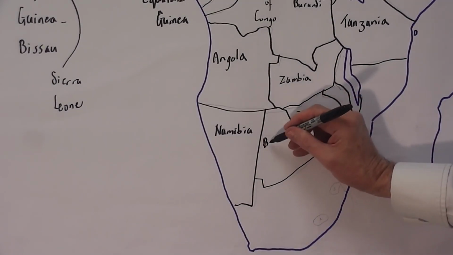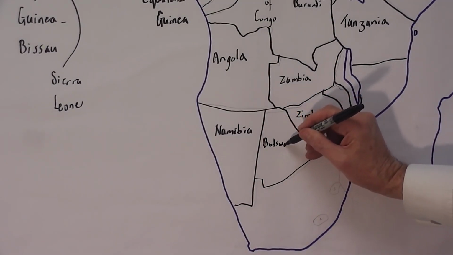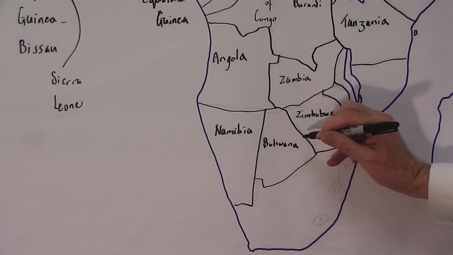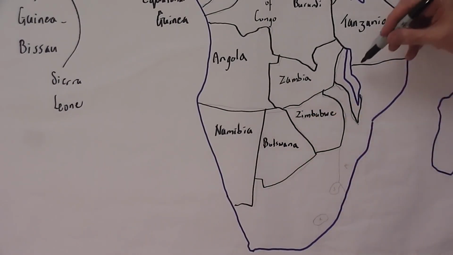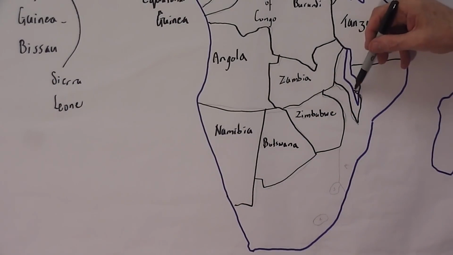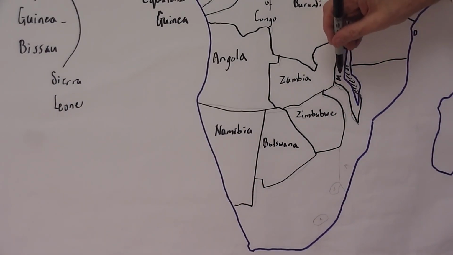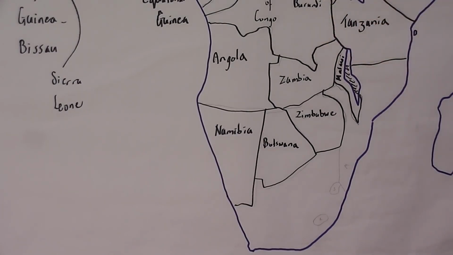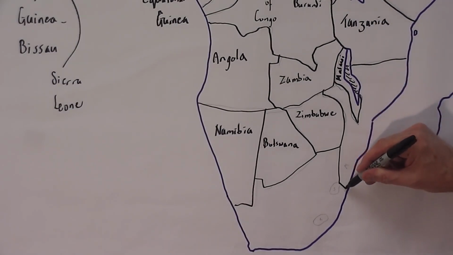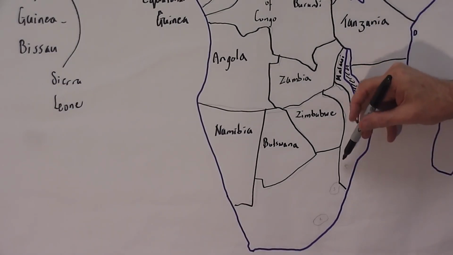And then Botswana. And then here, all the way along this lake, which is called Lake Malawi, is Malawi. There is Malawi, all the way along there. And then here on the coast is a very large country called Mozambique.